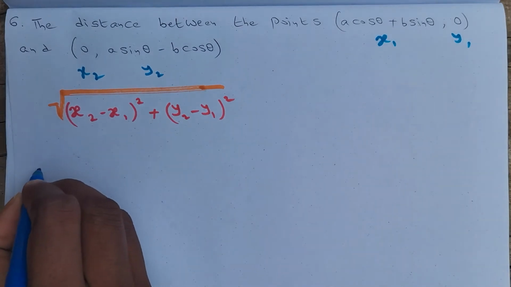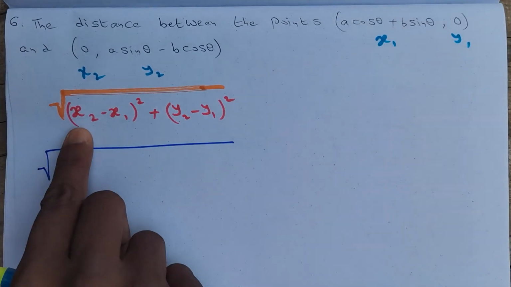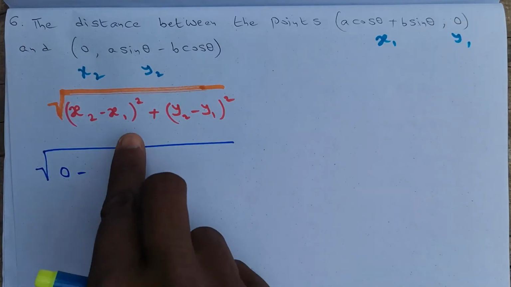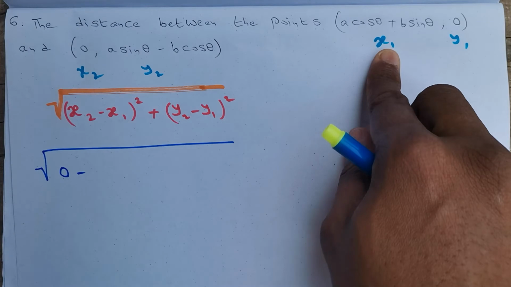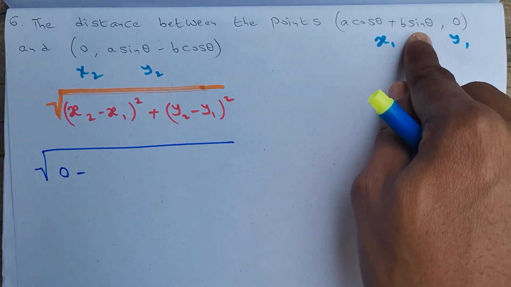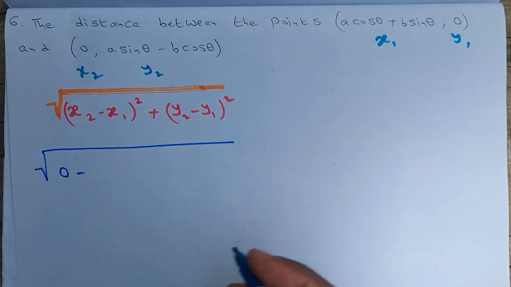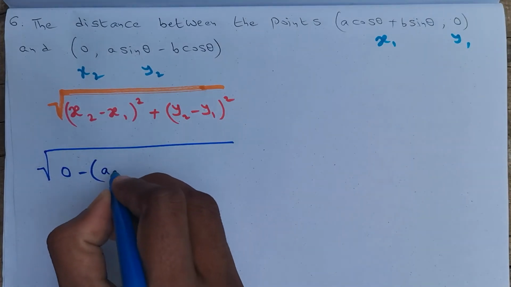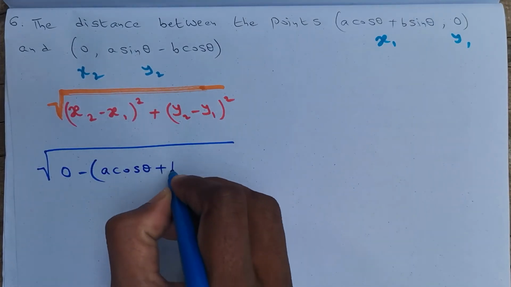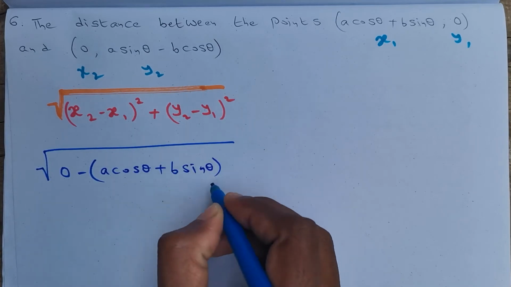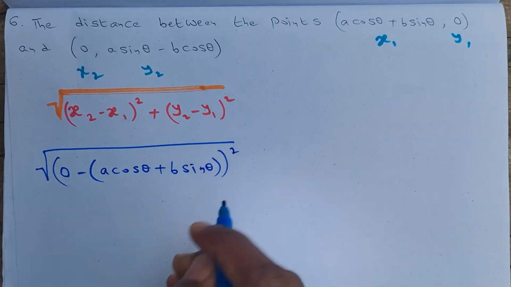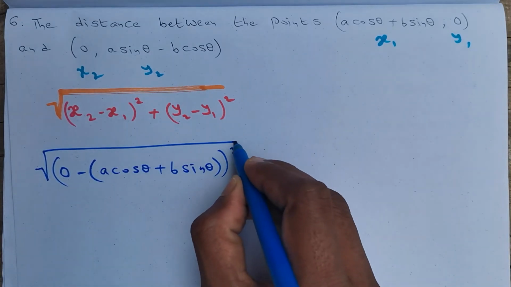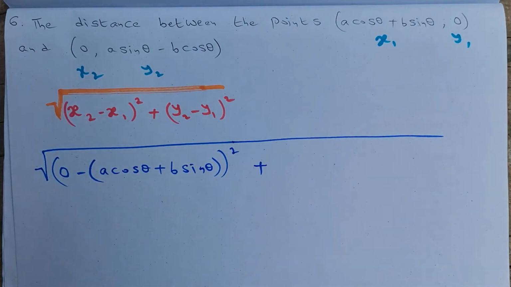Under root x2 is 0 minus x1. x1 here we have a cos theta plus b sin theta, which is two terms, so compulsorily a bracket: a cos theta plus b sin theta, for this whole square, because x2 minus x1 whole square plus next y2 minus y1 whole square.